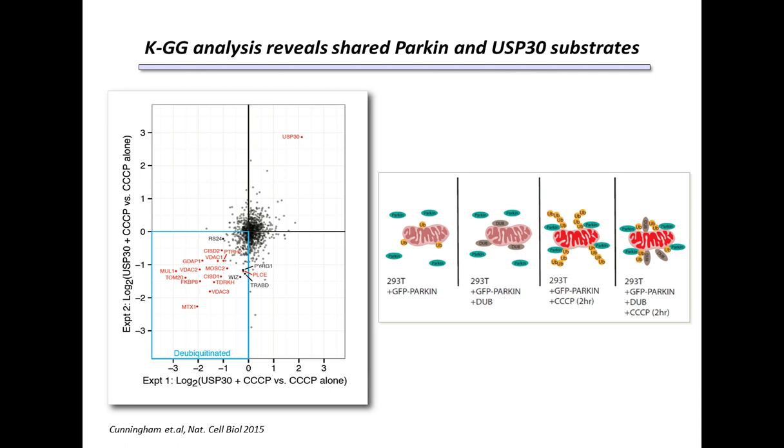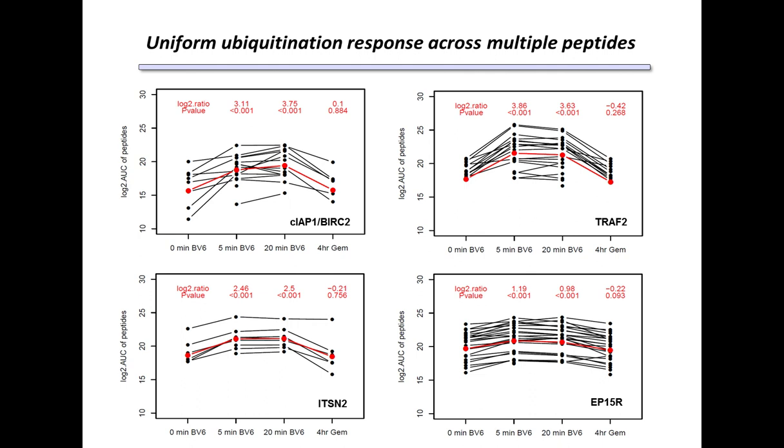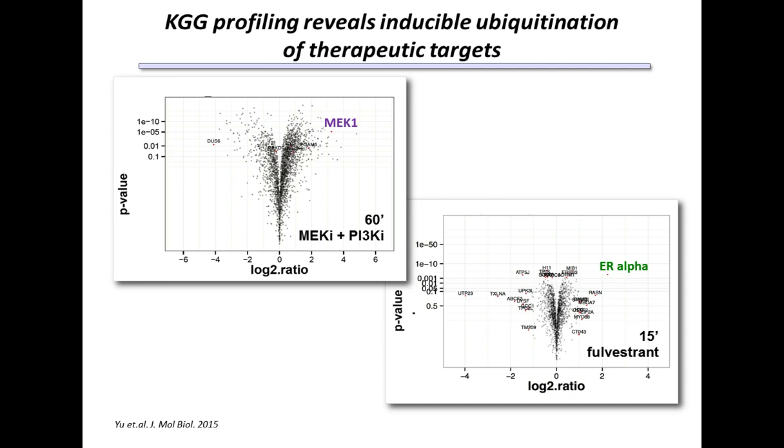And moreover, all of these individual sites of ubiquitination seem to be responding uniformly to the treatment, going up at 5 minutes, flattening out at 20 minutes, and effectively showing no response in the gemcitabine. And this was a theme that played out across a number of projects during the early years that we were performing these types of studies.